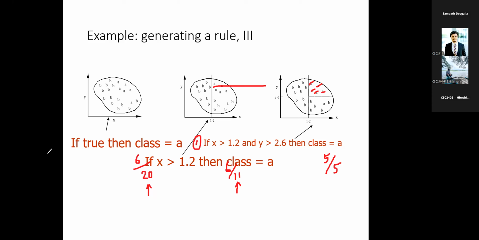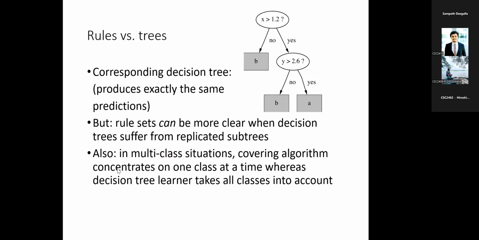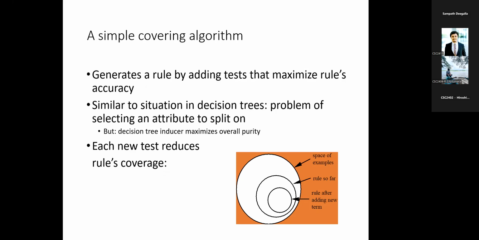With that said, we discussed how we may work on this. As we have already seen, we started with generally putting everything into one particular class, adding tests which reduce the coverage, so that once you get a pure classification, we take it as a rule. That's what happens in covering algorithms.